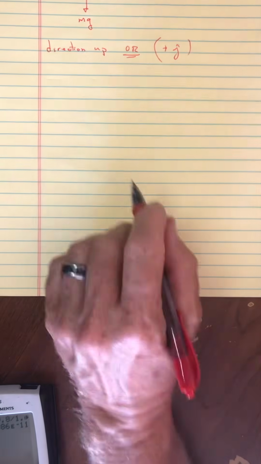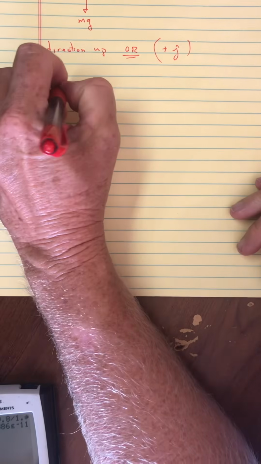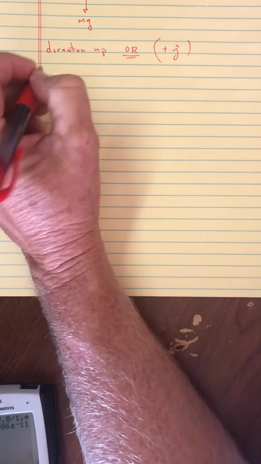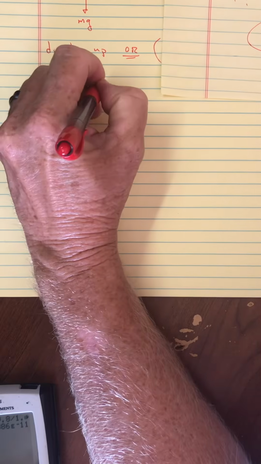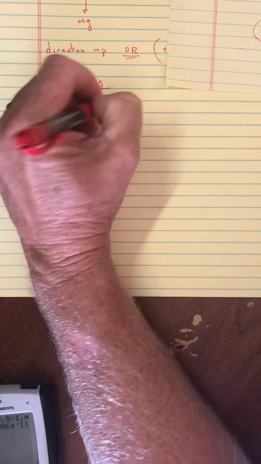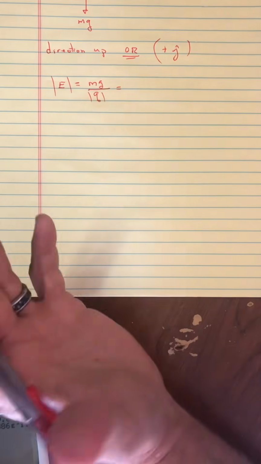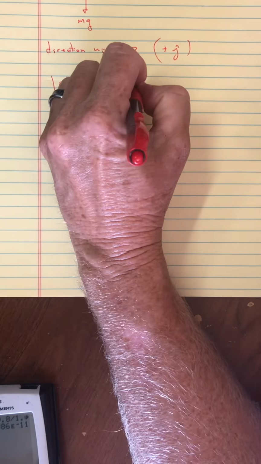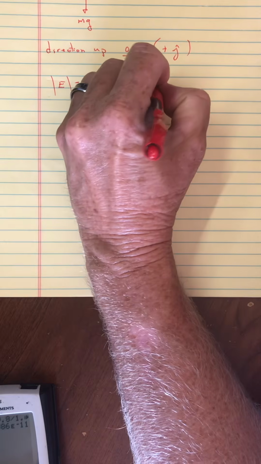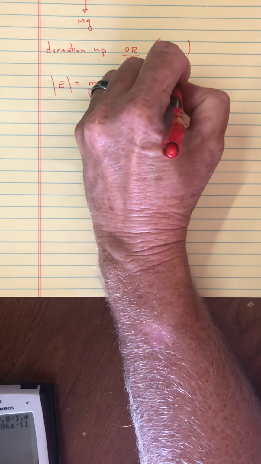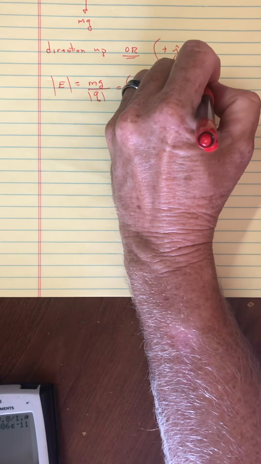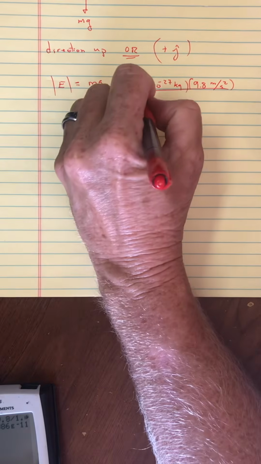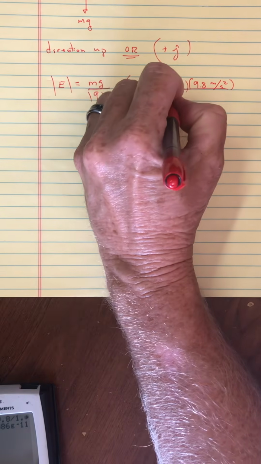And then B, that same logic, so I'm just going to say magnitude of the electric field, going through these same three steps, would be mg over q, and again, this would be magnitude, although in this case, proton, everything's positive. 1.67 times 10 to the negative 27 kilograms for the mass of the proton. 9.8 meters per second squared for g, and the charge is the same magnitude.